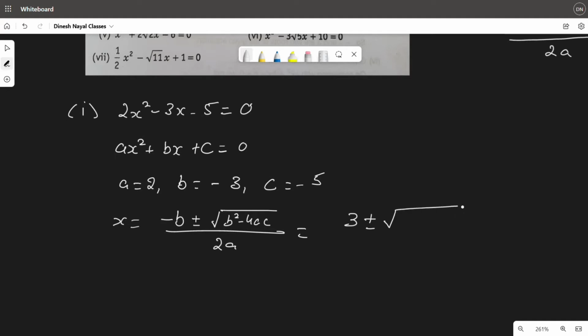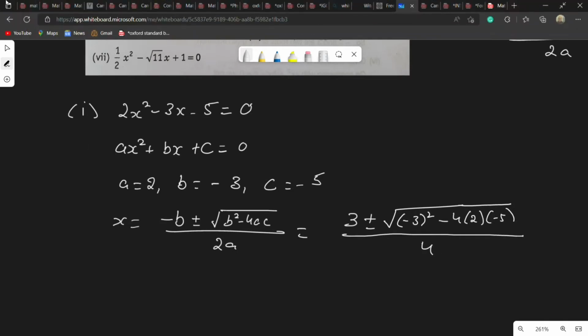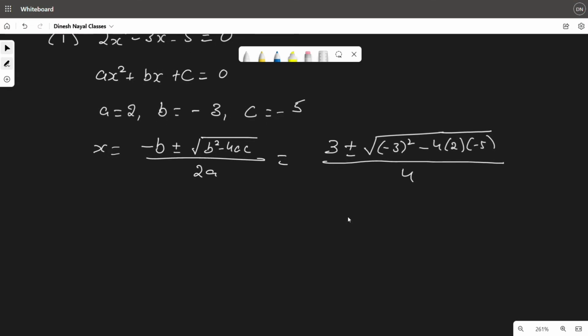B is minus 3, so minus b will be 3, and this will be minus 3 whole square, plus minus 4ac. 4, a is 2, c is minus 5, whole upon 2 into 2, since a is 2, which is 4. So now this will be 3 plus minus, minus 3 whole square is 9.